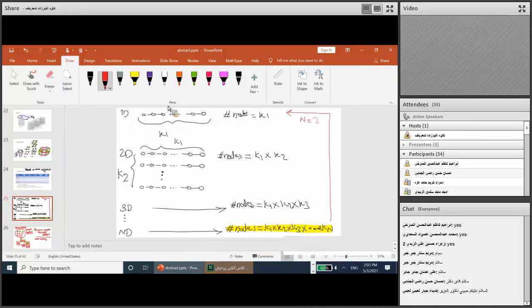N equals 1 results in this equation. N equals 2 results in this equation. And n equals 3 results in this equation. This is a general case. Thank you very much.